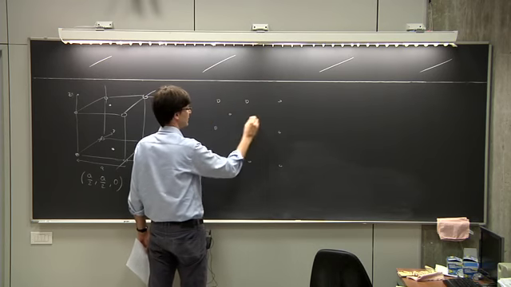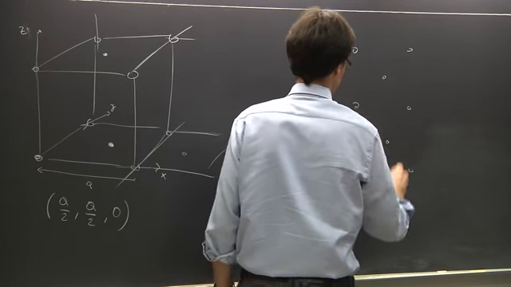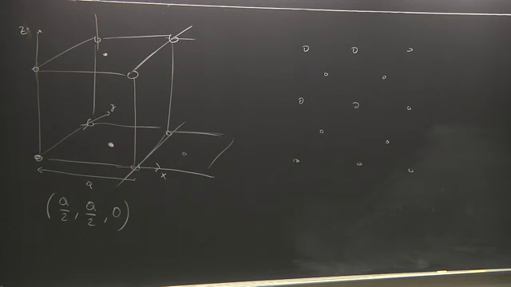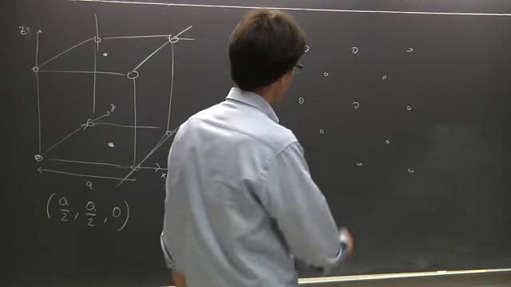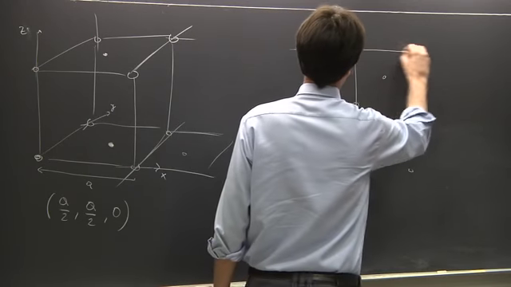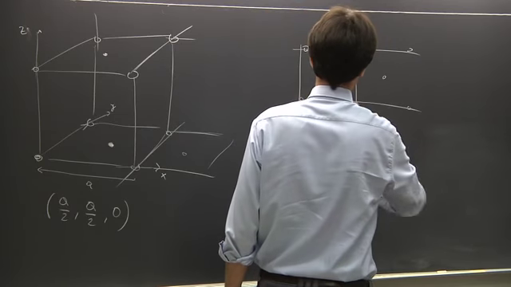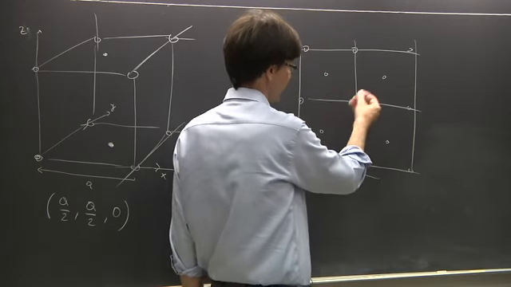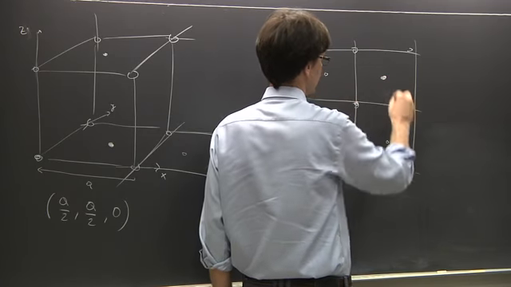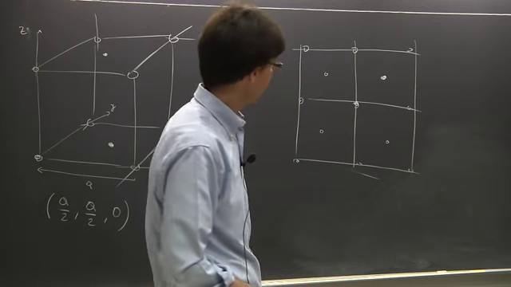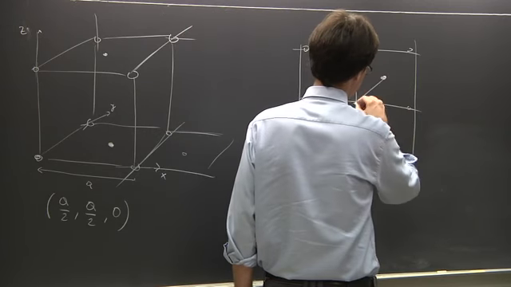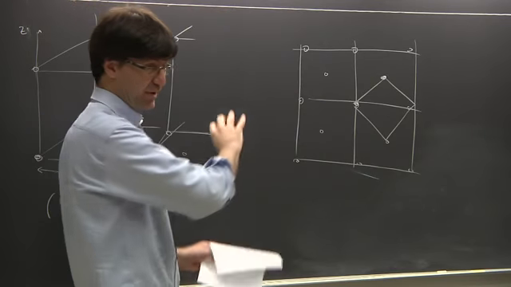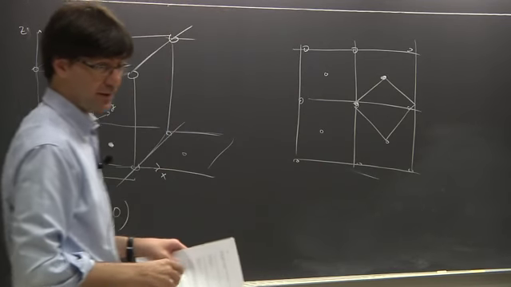It's like viewing this along Z. So, of course, this can be seen as a lattice with a basis, a square lattice with two points in the basis. But it can also be seen, as we discussed, as a Bravais lattice, a square Bravais lattice tilted by 45 degrees.